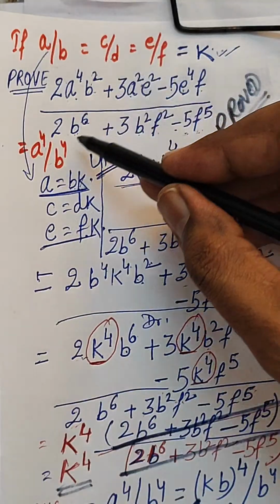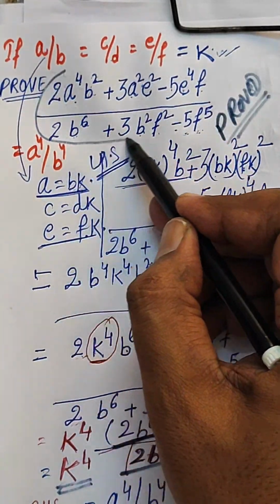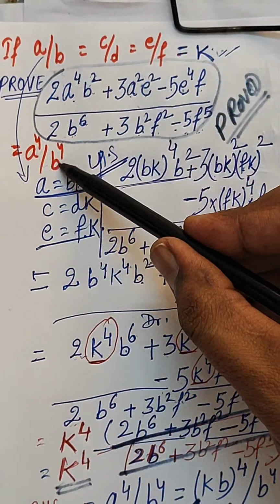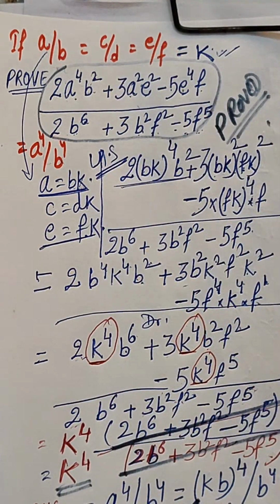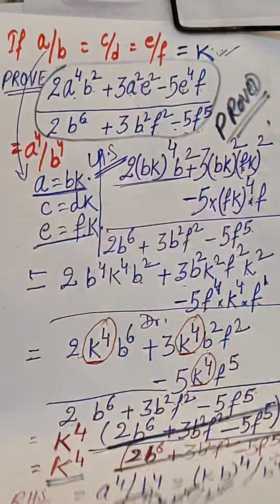This entire polynomial is equal to a4 by b4. This is proved, right? Now coming quickly to the second question of today's session.